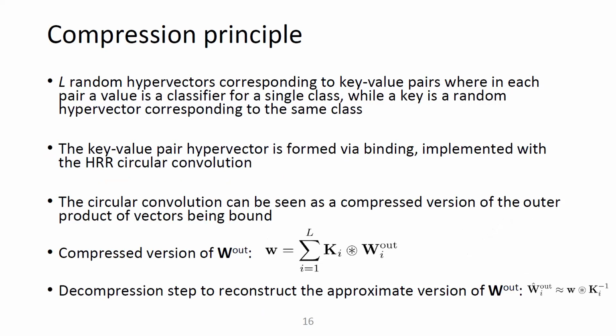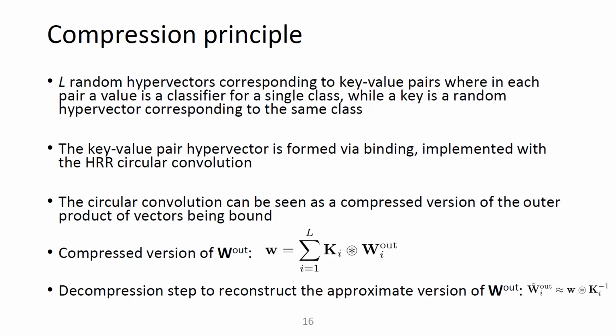So we have random hypervectors corresponding to key-value pairs, where in each pair the value is a classifier for a single class, and the key is a random hypervector corresponding to the same class. We bind them via the HRR circular convolution, and we get a compressed version of the classifier at each agent.